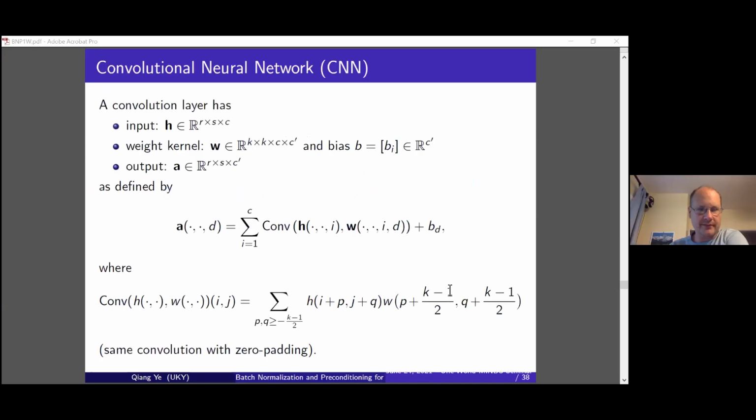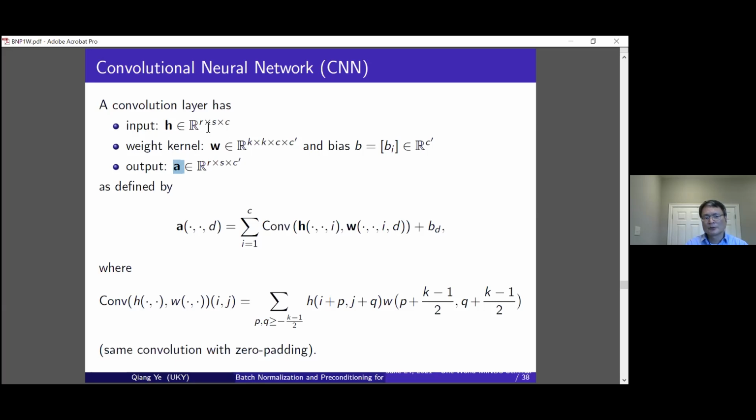Okay, so let me talk about convolutional networks. Convolutional networks are usually for image data sets, where the input is a color image of 3 channels of 2D images. So what's special about convolutional networks? Usually we have something called a convolution layer. A convolution layer has a 3D tensor input and a 3D tensor output.